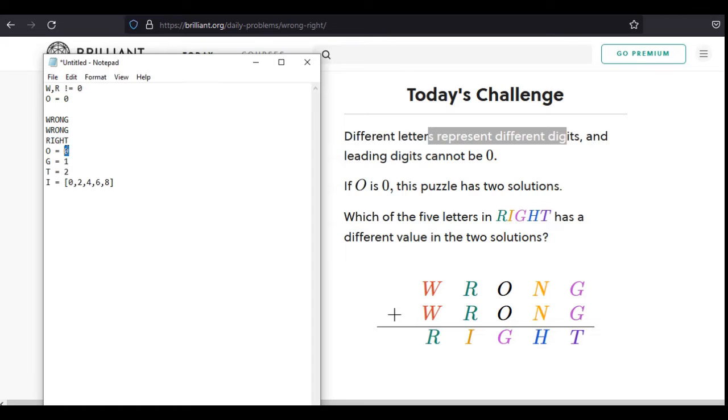G is equal to 1, O is equal to 0, T is equal to 2. N plus N is equal to H. But we have figured out G is 1, which means there was a carry. That means N has to be between 5 and 9.